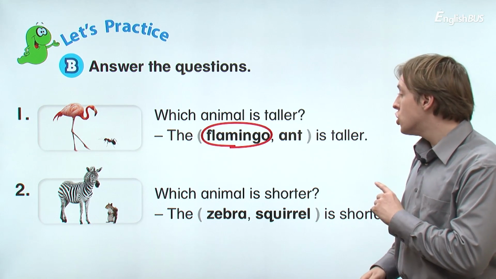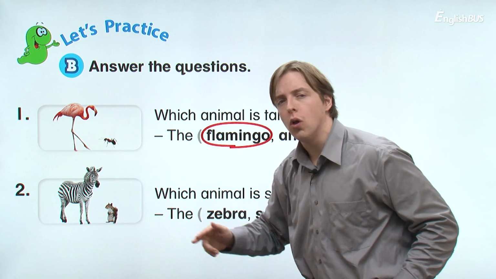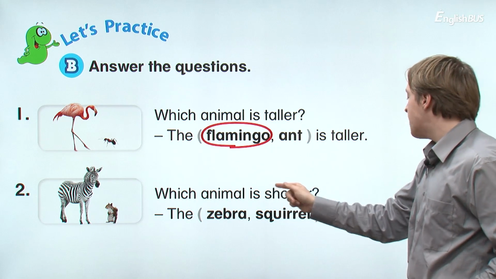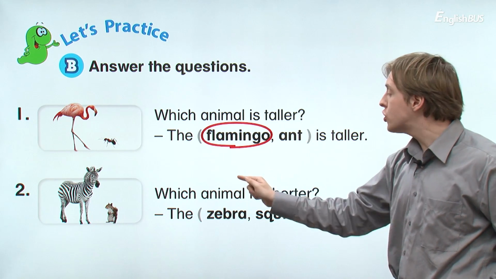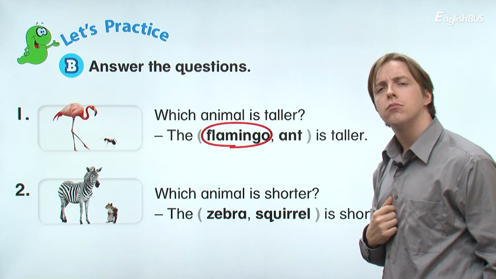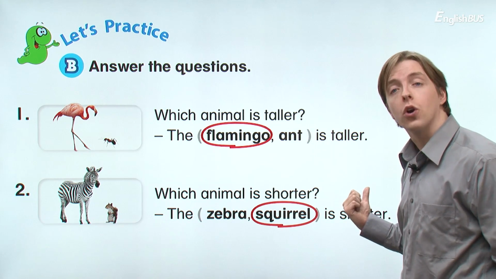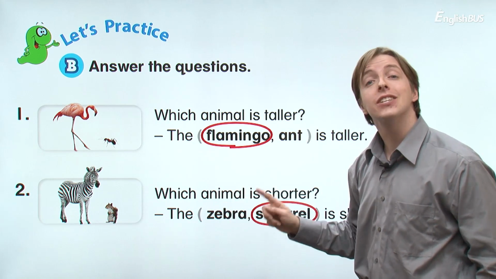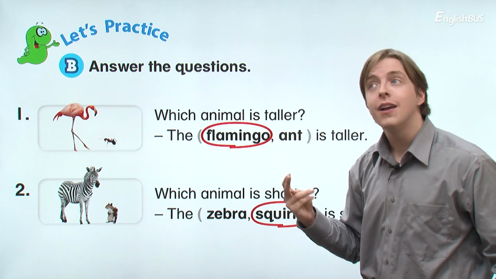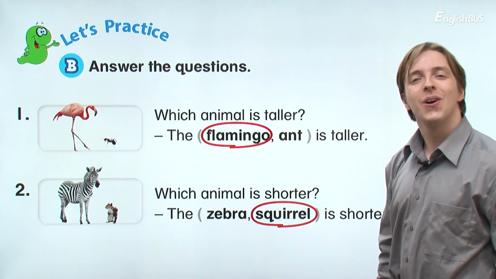Which animal is shorter? So here we have a zebra and a squirrel. So, the zebra is shorter or the squirrel is shorter. Which one is it? That's right. The squirrel is shorter. The zebra is taller, or the zebra is bigger. Either way. Good job.